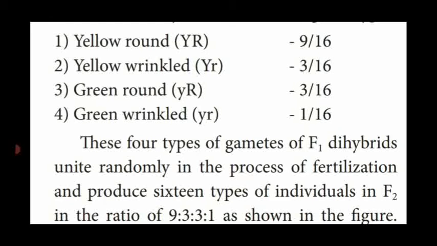So when we are selfing the F1 generation, we are getting 4 gametes. These 4 gametes are crossed together. We are getting 16 combinations in the F2 generation.